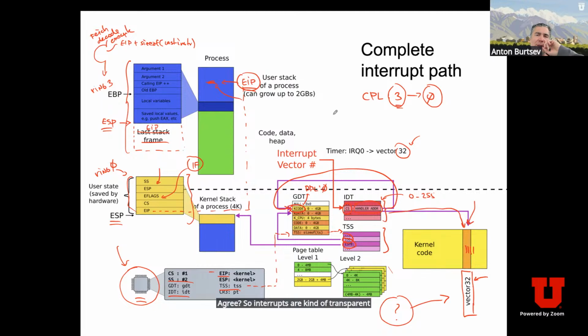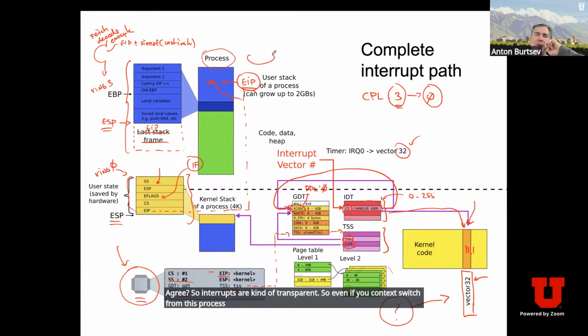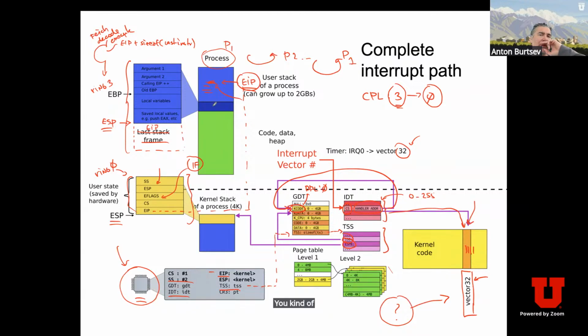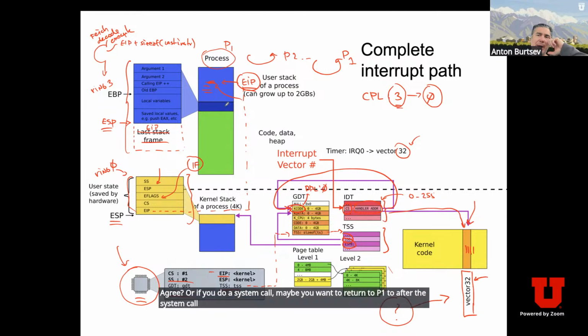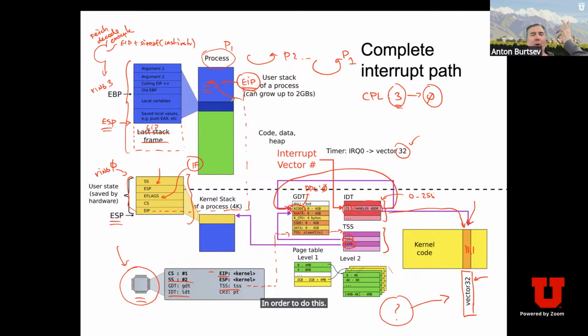Even if you context switch from this process to another process on a timer interrupt, you run P2 for a while, and then another timer interrupt comes and you want to switch back to P1, which you were running originally, you want to continue running P1. That's the high level goal. Or if you do a system call, maybe you want to return to P1 after the system call with some kind of result. In order to do this, we obviously need to restore the state of the process, right?